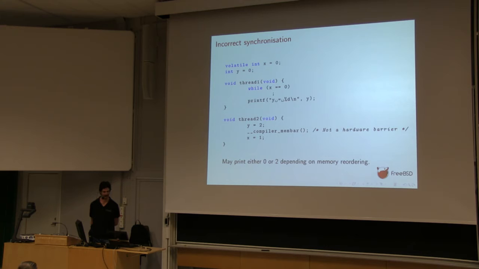This is because even though the instruction stream has y being set to 2, and then x set to 1 being written out, and then we read x is not 0 and we read y, it turns out that y was still in some buffer somewhere and hasn't actually got to the cache yet, or the instructions have been reordered, and so the store to y hasn't even happened yet.